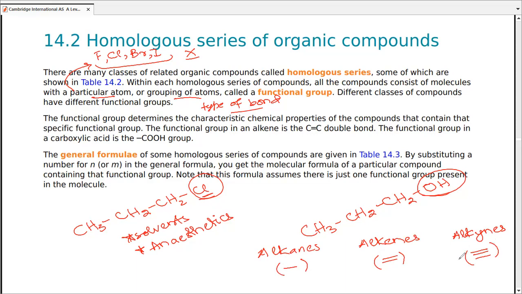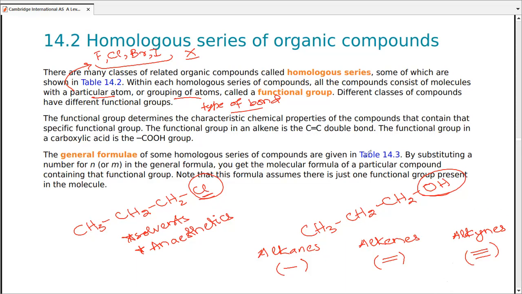So type of bond may also divide compounds into different homologous series. That's how we define functional group. A specific type of bond, a specific group of atoms, or a particular atom can act as a functional group, define the type of series it is, and impart a specific set of physical and chemical properties to it.